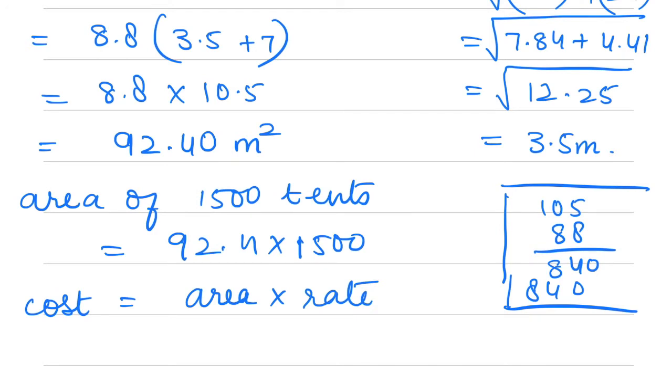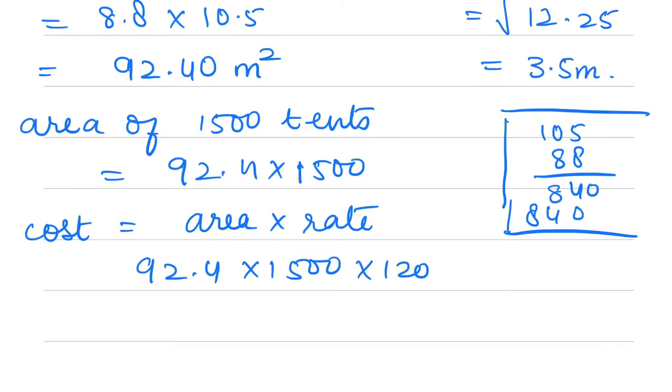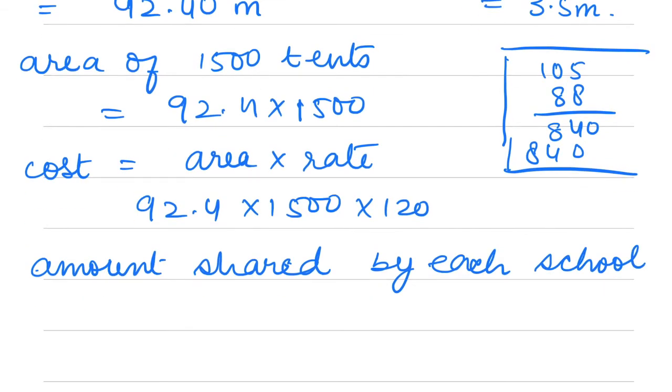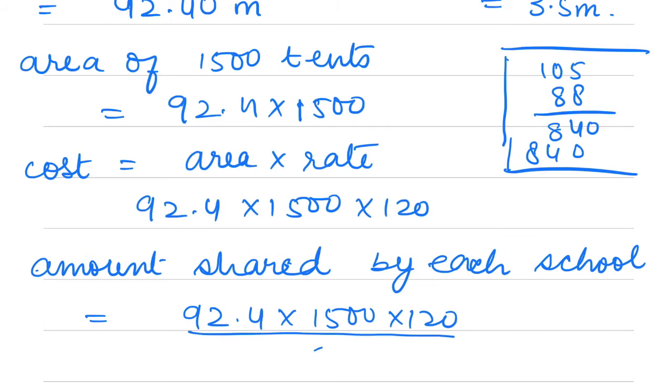So area is equal to 92.4 into 1500 into rate is 120, and amount shared by each school. So there are 50 schools, will be equal to 92.4 into 1500 into 120 divided by 50.